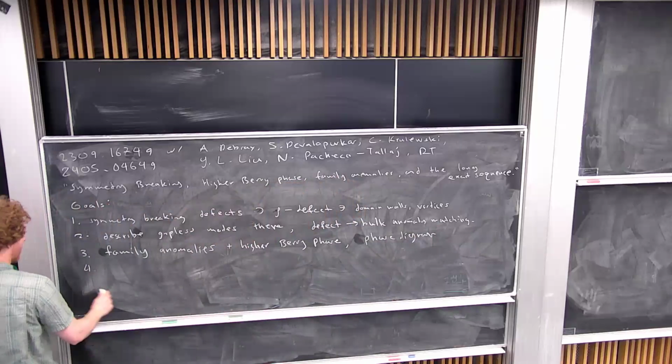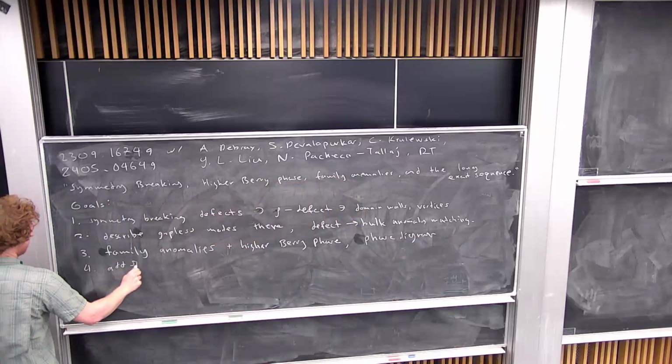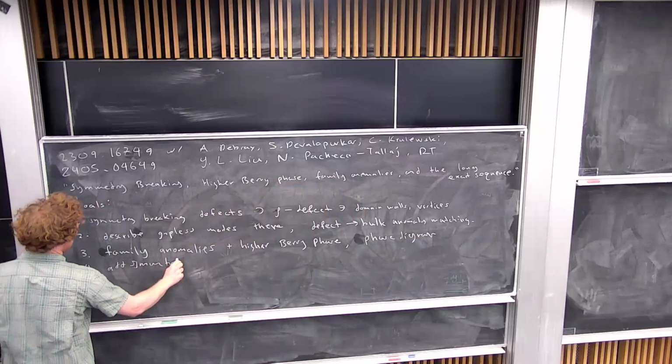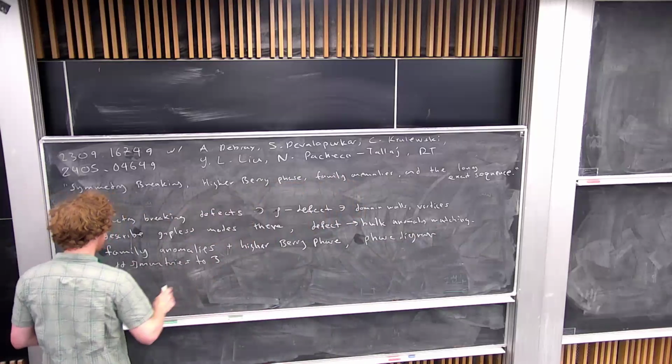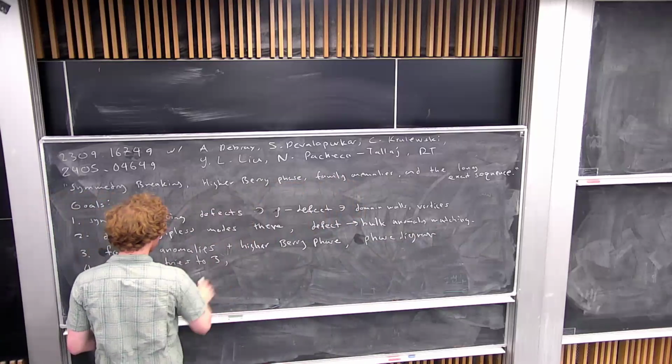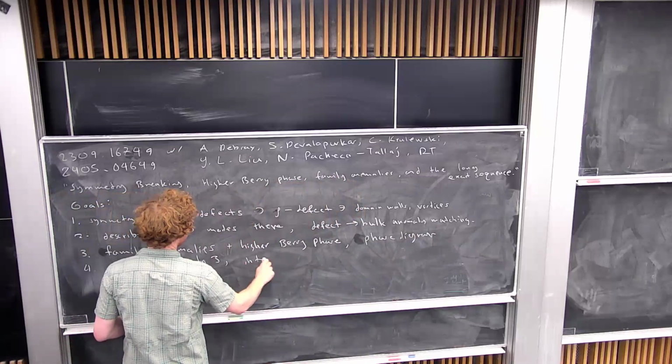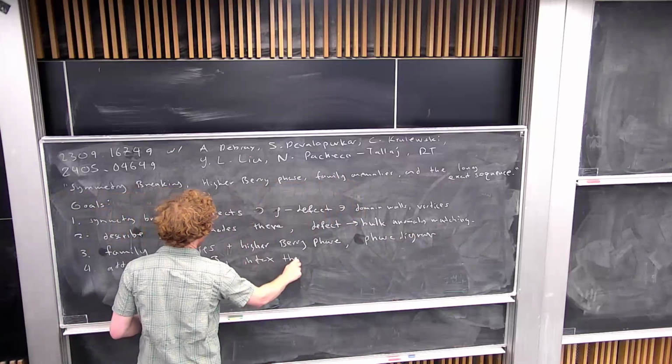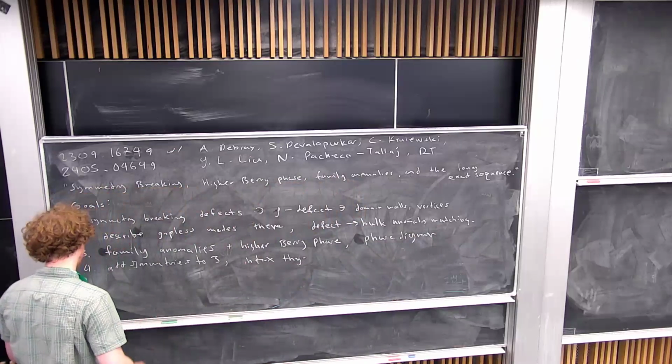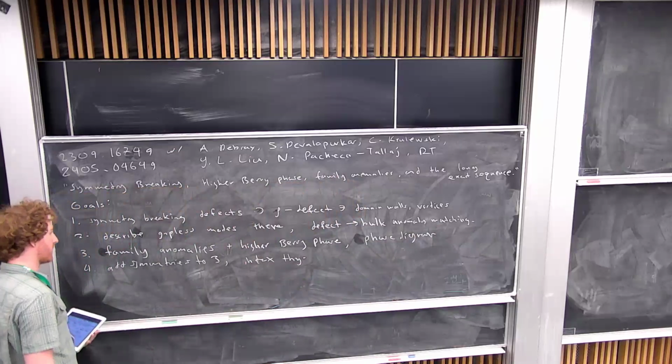We'll add symmetries. We'll get some kind of generalized index theory associated with these families.